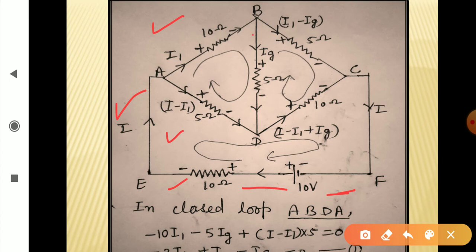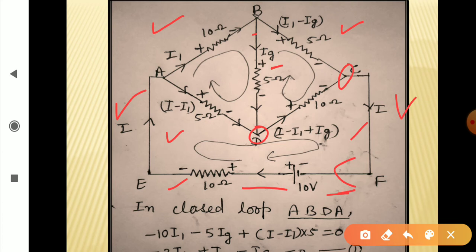At this point B, it gets divided in two parts as Ig passing through 5 ohm and I1 minus Ig passing through 5 ohm here. Again at this point D, the currents are added. You get I minus I1 plus Ig, and at this point the currents are added and this current I is returning back to the cell.